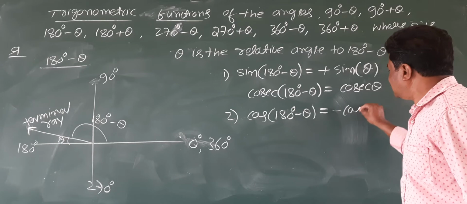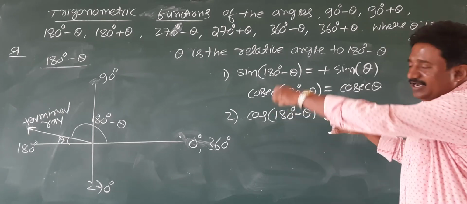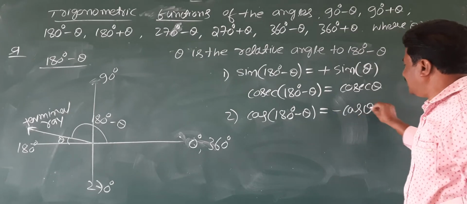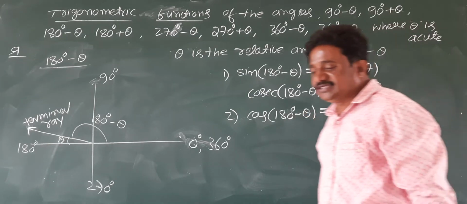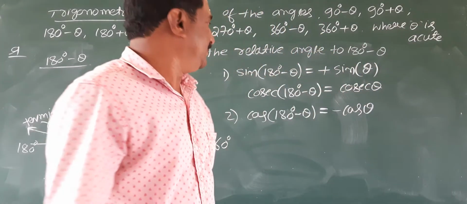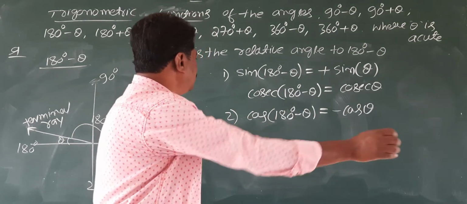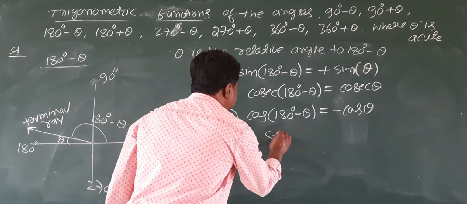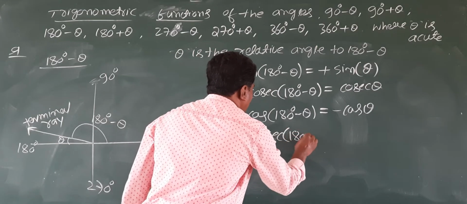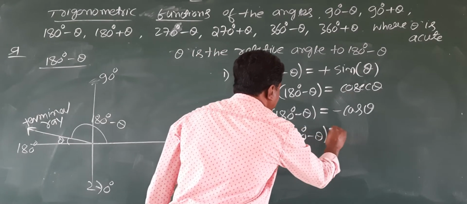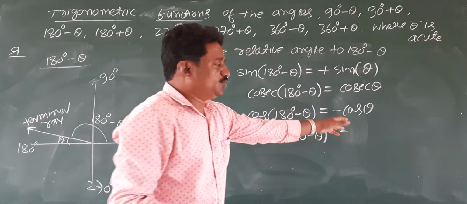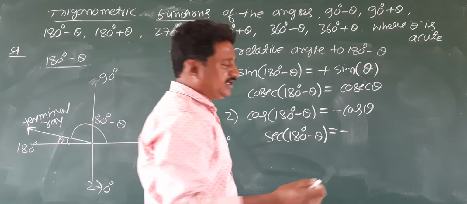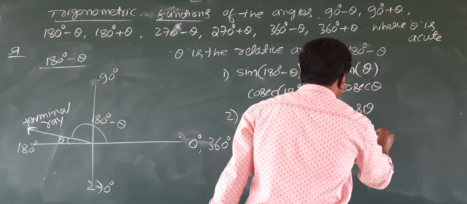Carry that cos as it is. Tell me the relative angle: theta. The angle related to 180 minus theta is theta. What is cos 180 minus theta? Minus cos theta. Reciprocal of that: what is the reciprocal of cos? 1 by cos. Secant 180 degree minus theta is minus secant theta, since the reciprocal of cos is 1 by cos, which is secant theta.